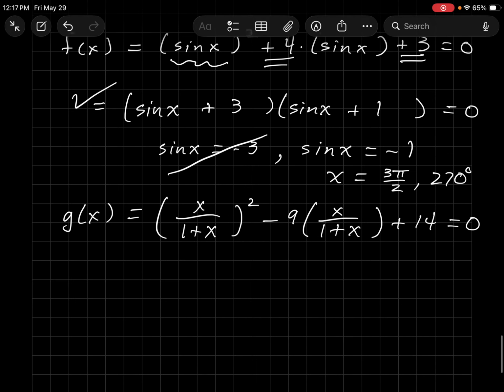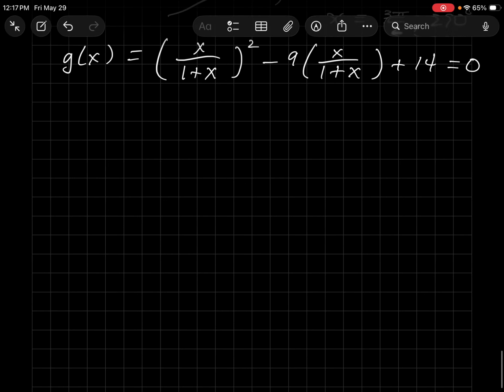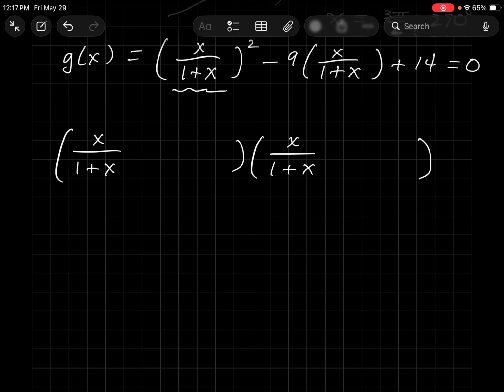Do you see the quadratic structure? Hopefully you do. Then instead of multiplying x times x up front, we will have the following when we factor. Multiply to positive 14, add to negative 9.